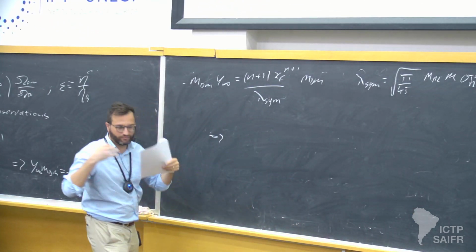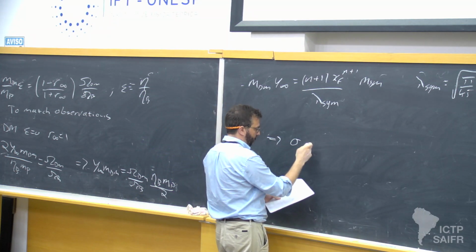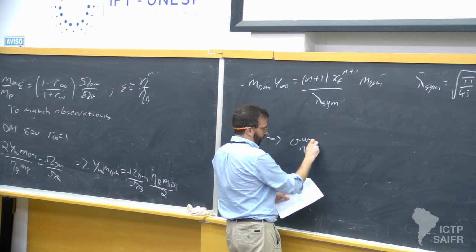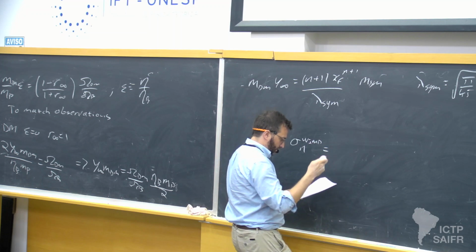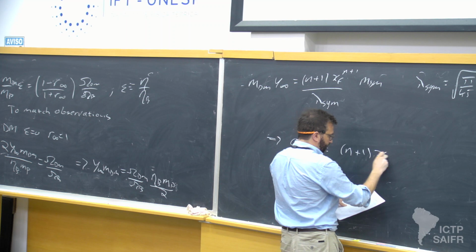Then you just rearrange it and find the required WIMP cross section. This is sort of what we spent yesterday deriving.